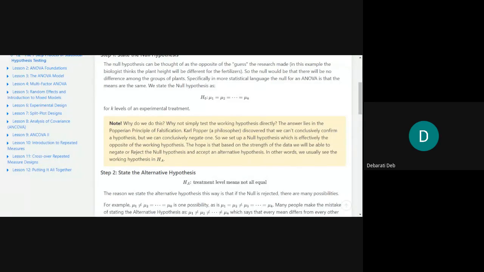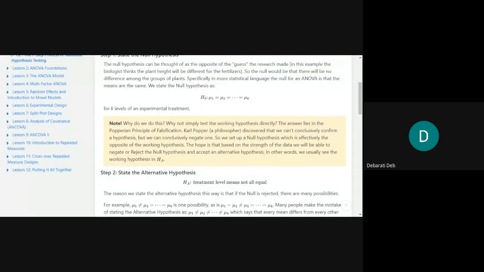We prove something wrong; we don't prove something to be true. So we set up a null hypothesis, which is effectively the opposite of the working hypothesis. Whatever your finding is, whatever you are assuming, whatever your guess is, we set the hypothesis in the opposite of that working hypothesis.